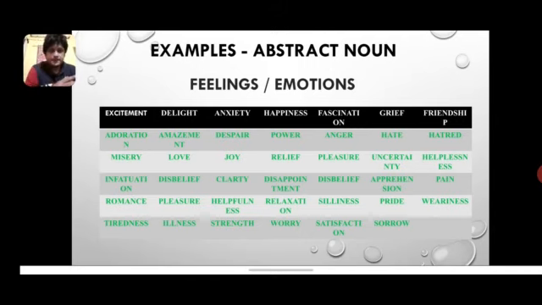Similarly, apprehension. What is the adjective? Apprehensive. Disappointment, disappointed. So there are other things that are always related to abstract nouns. Those are adjectives. Similarly, there are so many other examples that can be quoted here. A few that you will have to look for.